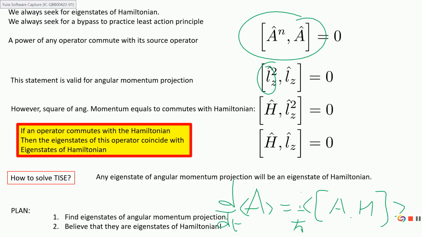It paves a way to do simpler things first and compose more complicated sets. Find eigenstates of angular momentum projection, and believe that they are eigenstates. Okay, important information is done.